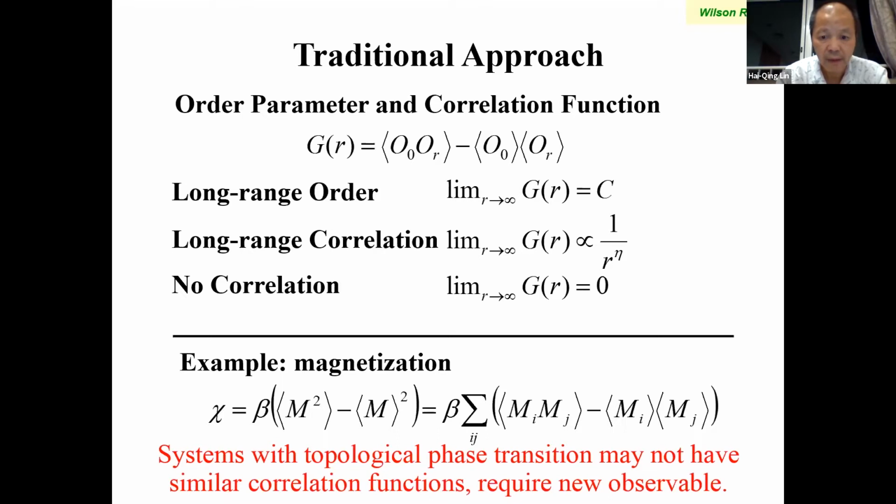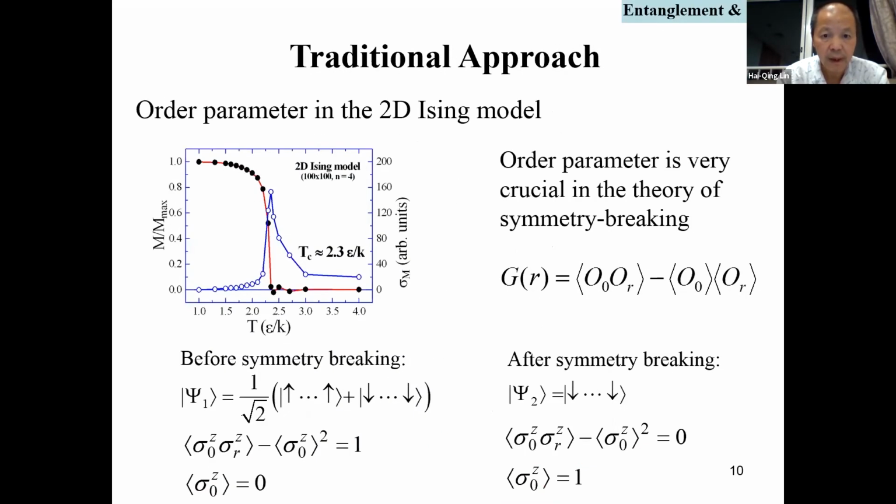All right. Now, however, there are systems where it may not be so easy to write down an order parameter, such as topological phase transitions. Now, for the traditional model, the traditional approach is very successful. For example, in this Ising model, we all know about it.